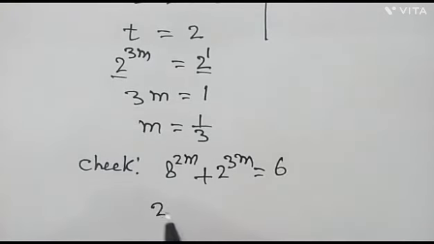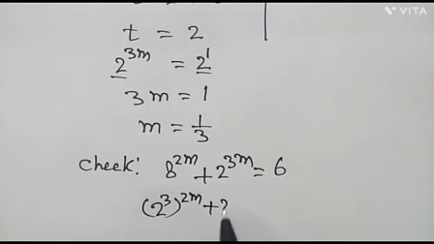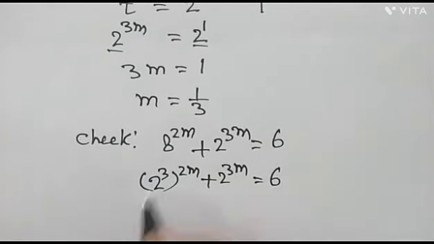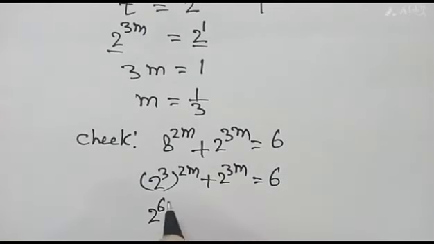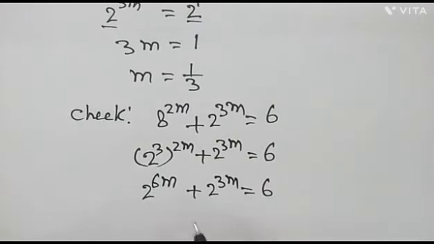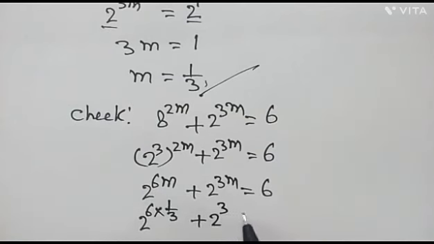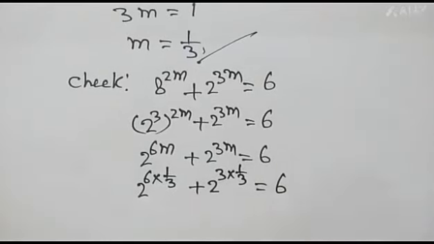So 2 cube to the power 2m plus 2 to the power 3m is equal to 6, so 2 to the power 6m plus 2 to the power 3m is equal to 6. So 2 to the power 6 into m, which is 1 by 3, plus 2 to the power 3 into m, 1 by 3, is equal to 6, okay?